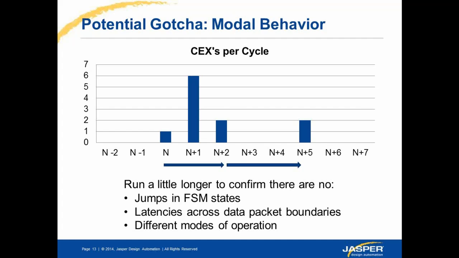So Jasper's unique bounded proof coverage metric analyzes your RTL and takes all these into factor, and it gives you the deepest cover point, or the deepest point in your RTL, which impacts that assertion.